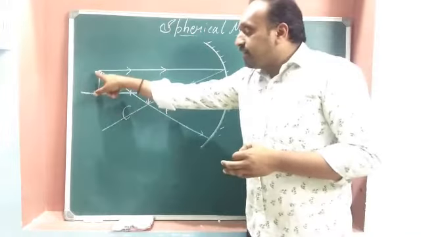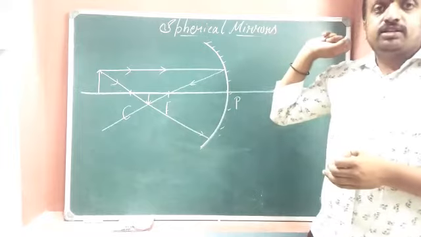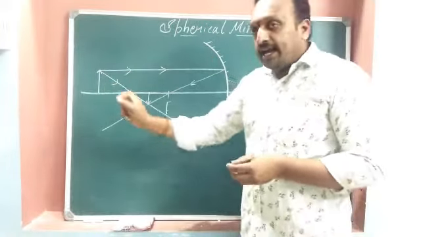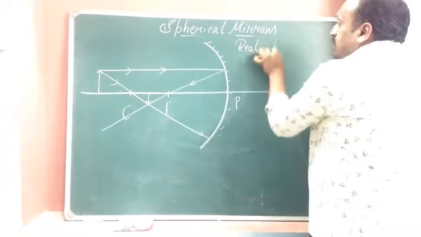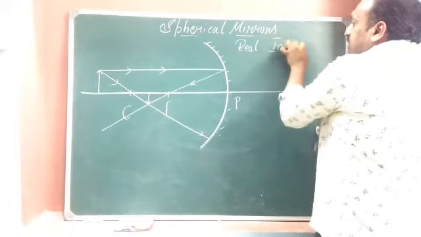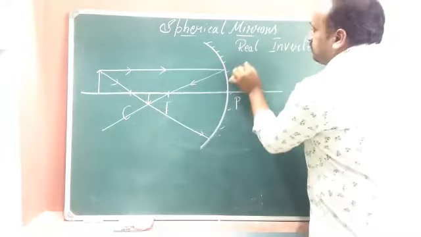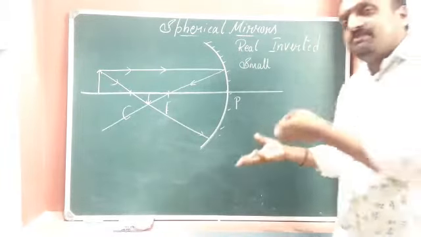Another one, the ray of light which is passing through the center of curvature. So the image is going to form will be real and inverted. It's a real, inverted, and if you want to speak with the size, it will be small. Or I can say it is diminished.